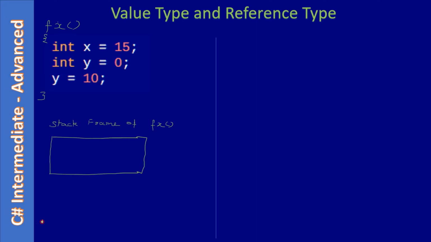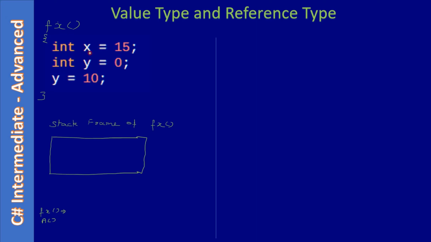Suppose a calls fx, then fx will be at the top and the stack frame of fx will be active. Once fx returns, the stack frame of a will be active again. That's how you are seeing the stack frame of fx.